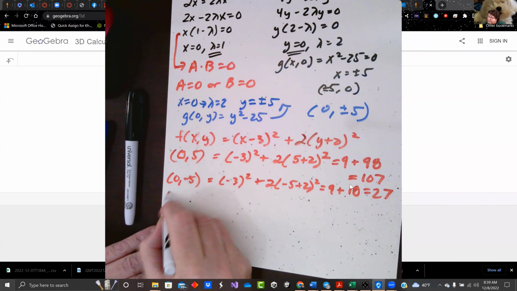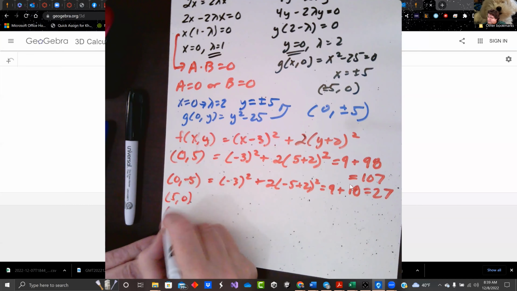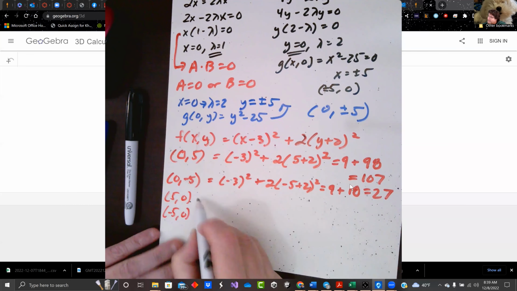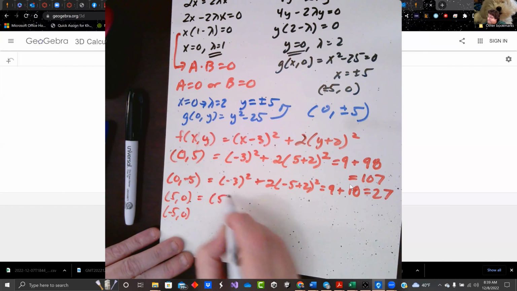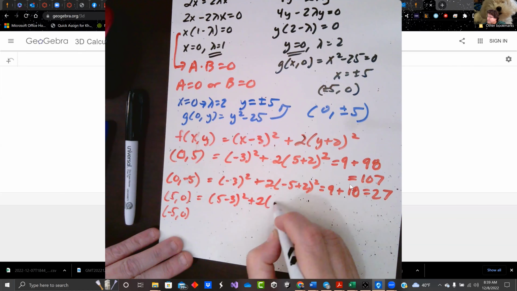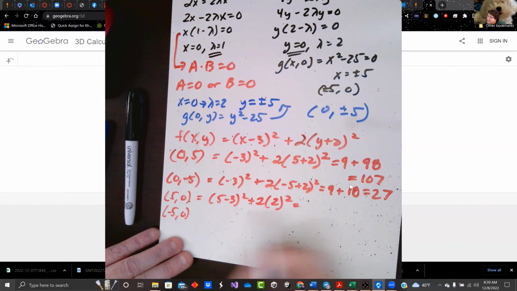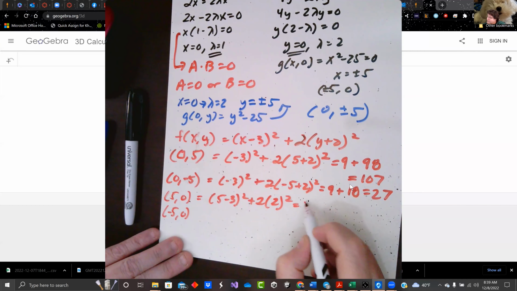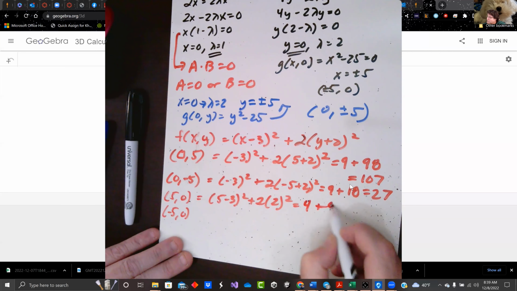If we do 5, 0 and negative 5, 0: 5 minus 3 squared plus 2 times 2 squared. I've got 2 squared is 4 plus 8 is 12.